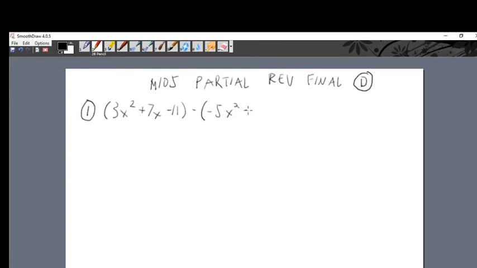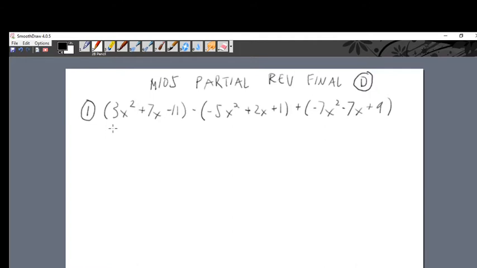Minus 5x squared plus 2x minus 1. It's from the exam one material after all. And then add to that another plus. And this one is minus 7x squared, minus 7x plus 9. And we got to add all this up together.